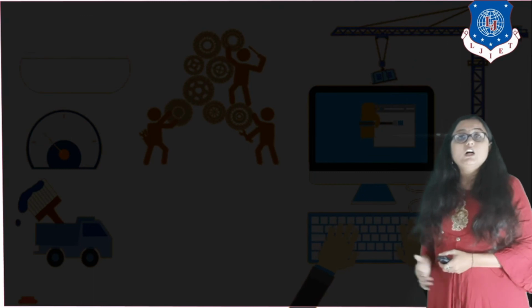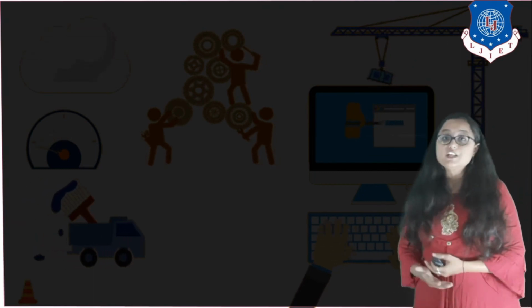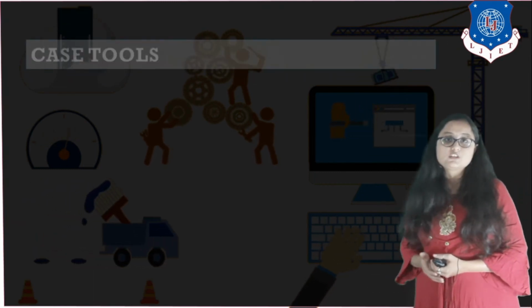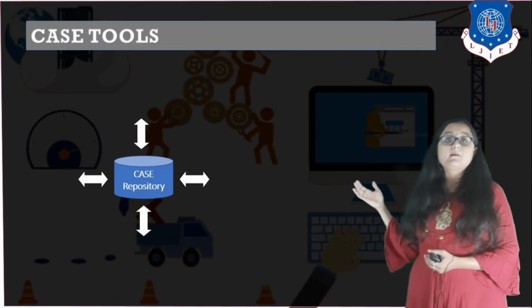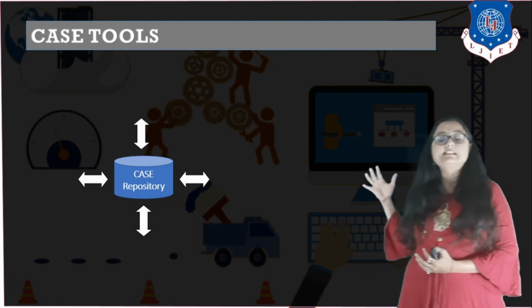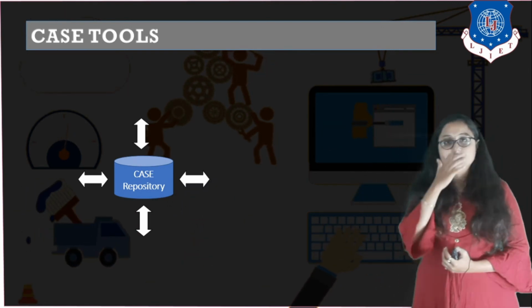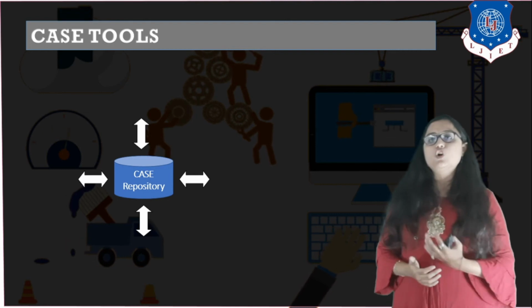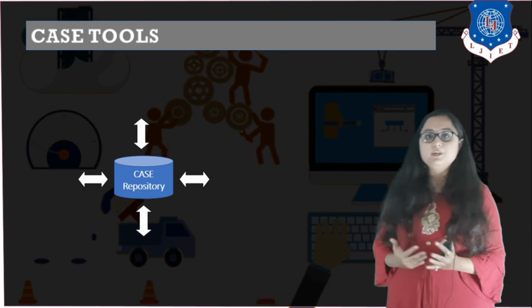Now let us see what are the different categories of case tools that you can use. So the first thing that is important while you are using an integrated case tool is a central repository, right? Because I told you that I want a seamless integration between different case tools.